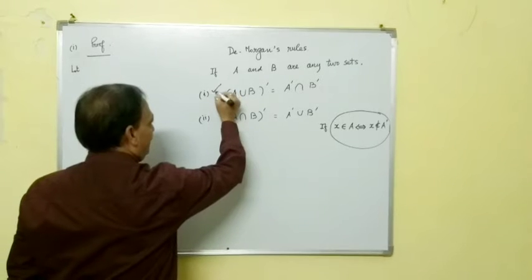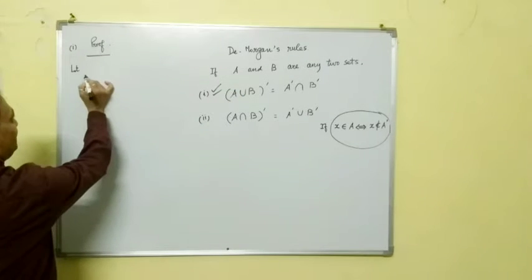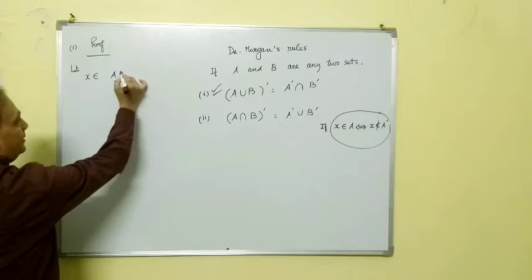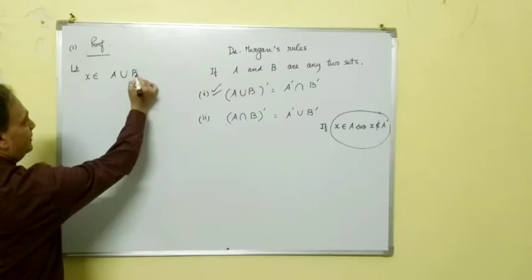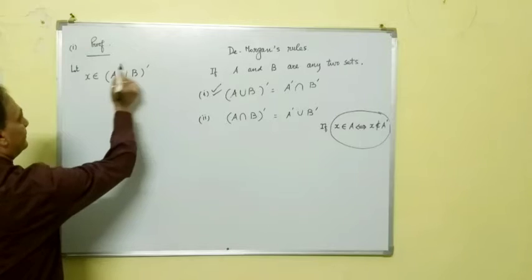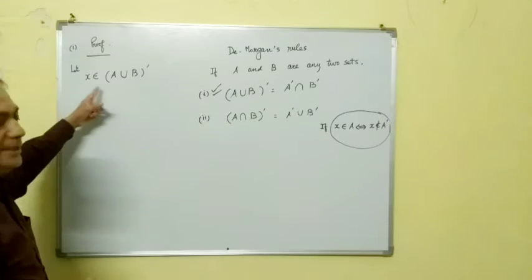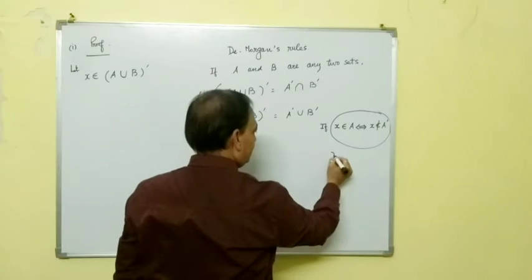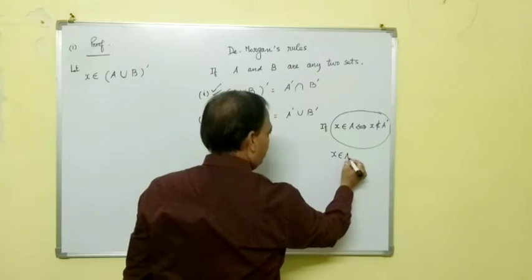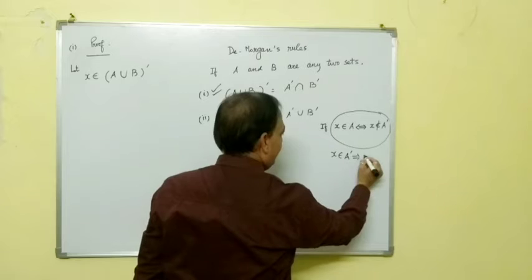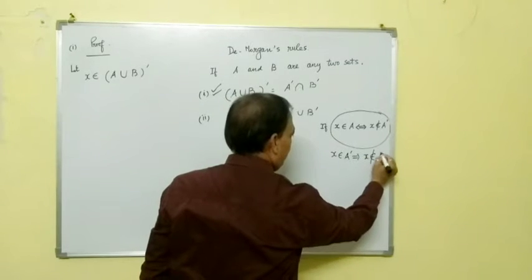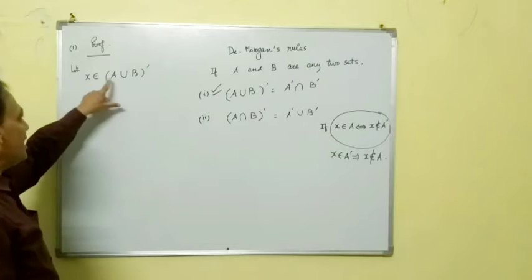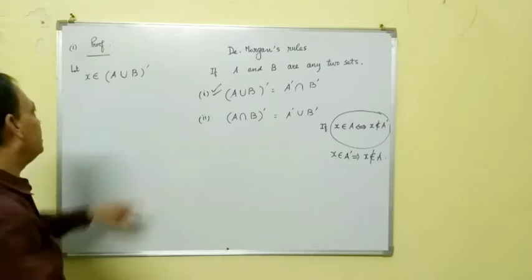Let's first prove. Let any element x belong to complement of A union B. x belongs to the complement implies that x does not belong to A union B. What does it mean?